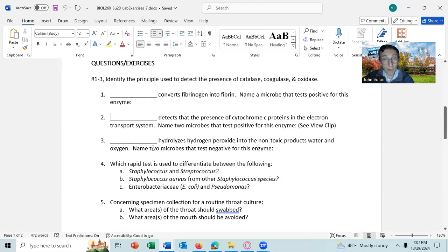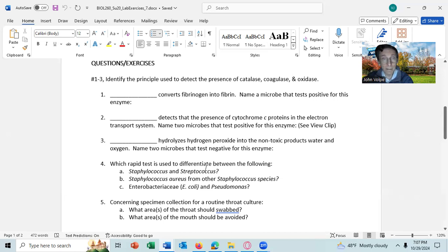All right, so 3A, name the enzyme that hydrolyzes hydrogen peroxide into the non-toxic products water and oxygen, and then name 2 microbes that test negative for this enzyme. You can either name 2 species or 2 families. For question 4, it asks which rapid test is used to differentiate between Staphylococcus and Streptococcus.